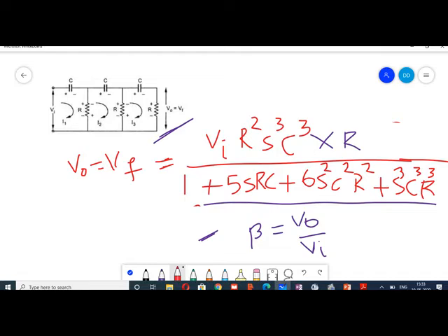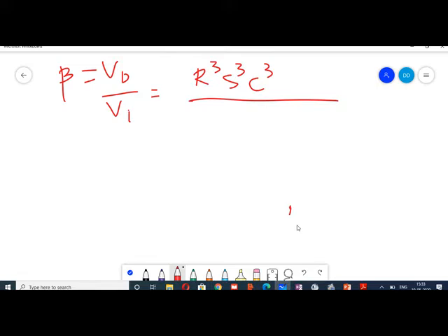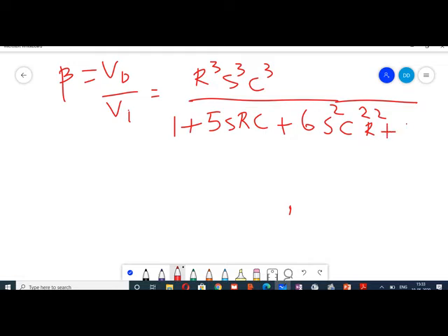So we can get V0 by Vi from this particular expression. So beta, which is equal to V naught by Vi, is given by R cube S cube C cube divided by 1 plus 5 SRC plus 6 S square C square R square plus S cube C cube R cube.